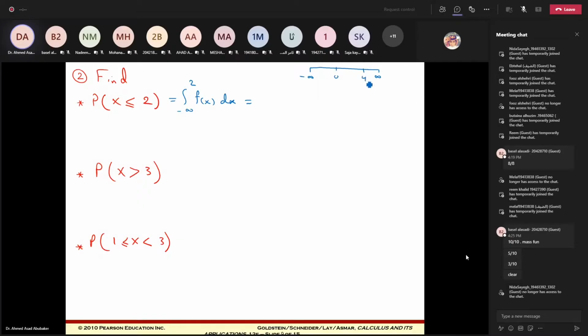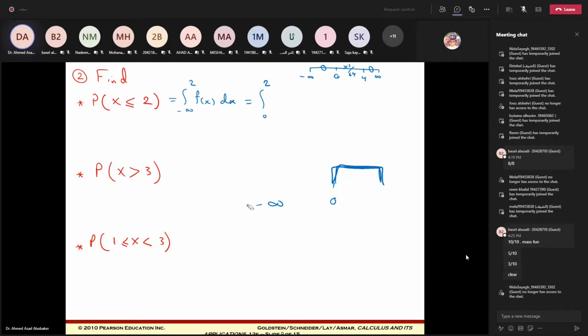From 0 to 4, this is x to the power 3 over 64. So any value less than 0, we have 0. So the function from 0 to 2 only, because from minus infinity to 0 it is 0. From 0 to 2, we can find the probability.